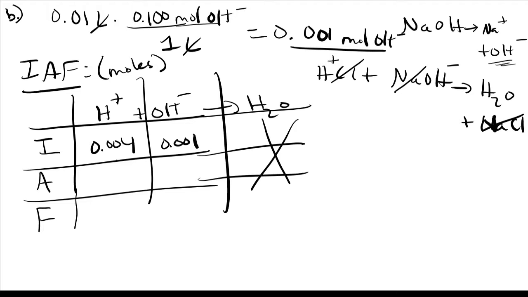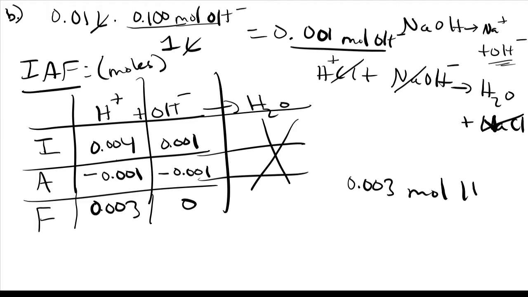And then the hydroxide ion is going to react with hydrogen ion. So this gets consumed and this gets consumed, because this reacts to form water. So you're left with 0.003 and 0. Those are your final amounts. So you have 0.003 moles of hydrogen ion left.